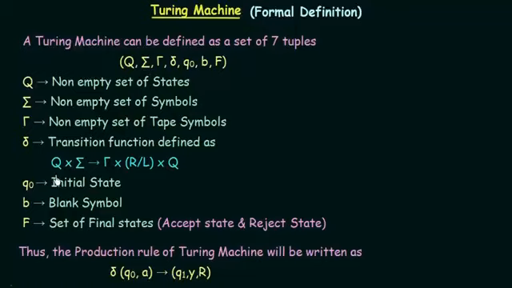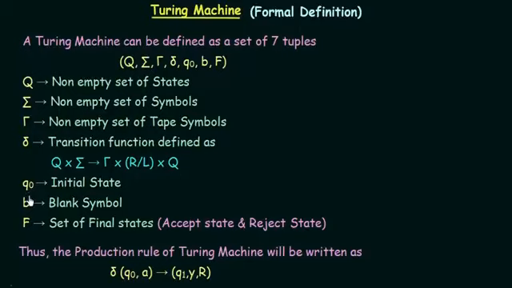This means that when we are on a particular state, on getting a particular input symbol, we write something into the tape, and we move either right or left on the tape, and then we go to the next state. That is what we mean by the transition function del in Turing machine, because that is how the Turing machine actually takes transition from one state to another. This will become more clear when we take our examples.